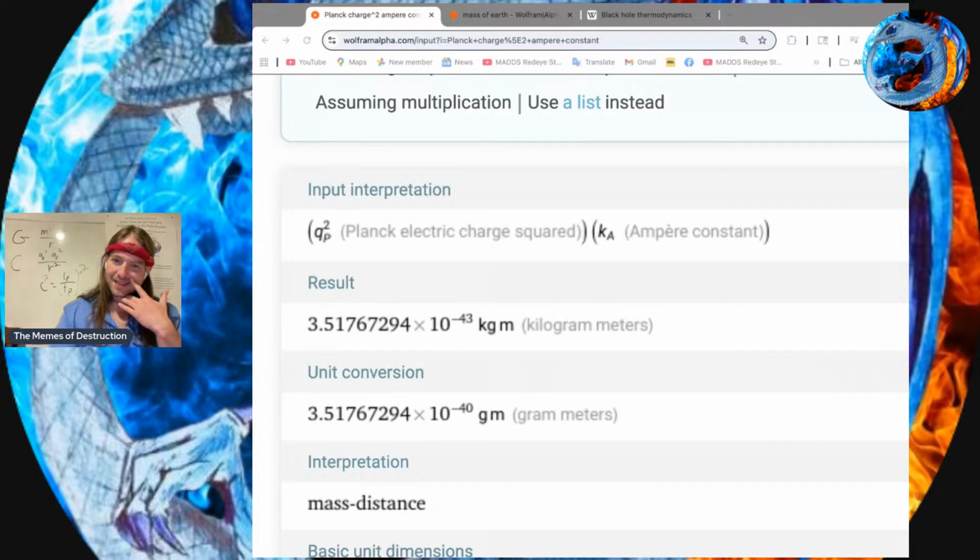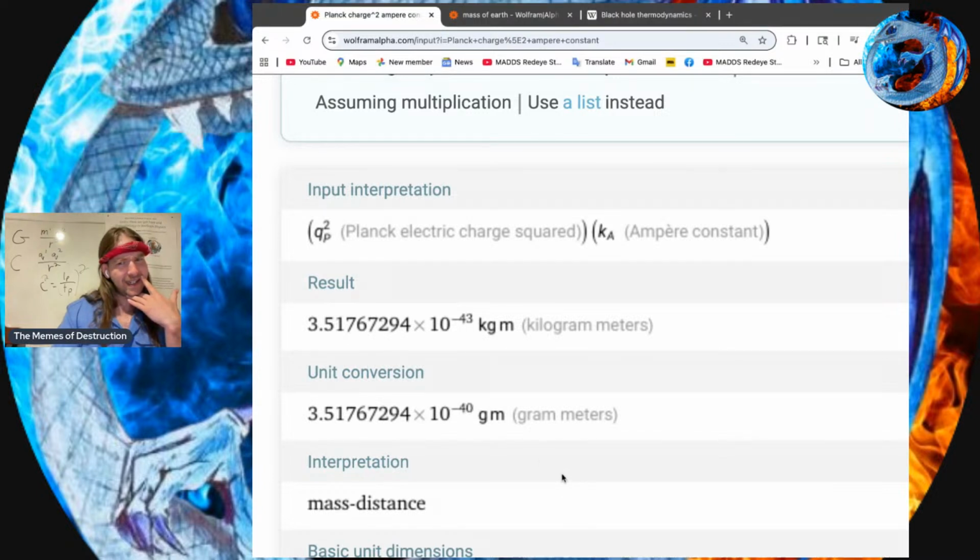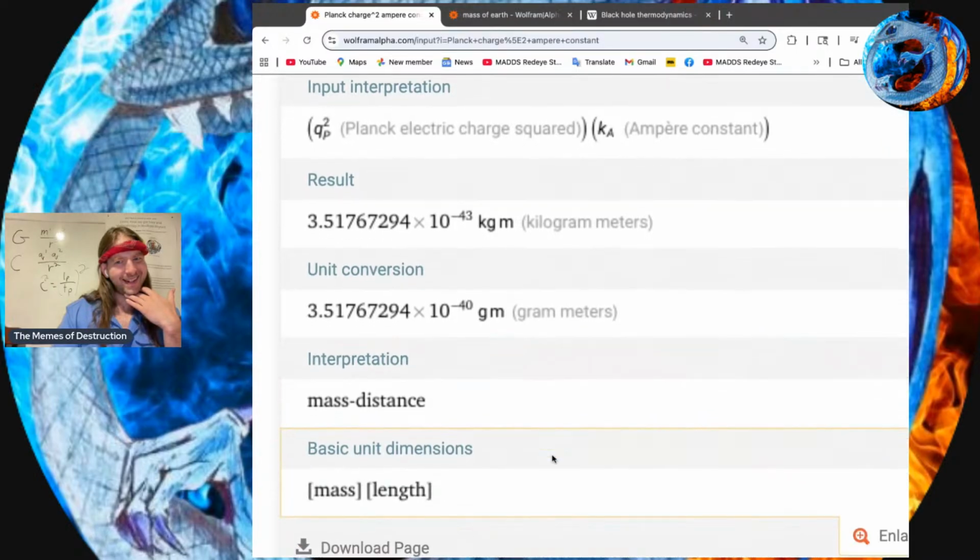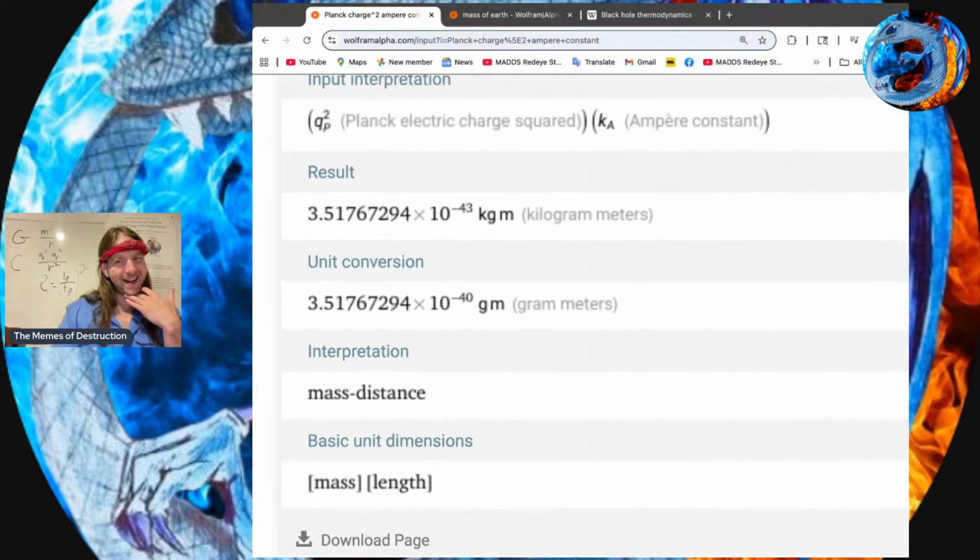We just found Planck mass, Planck length equals, yeah, the reason why that needs to be the case. Okay, okay.